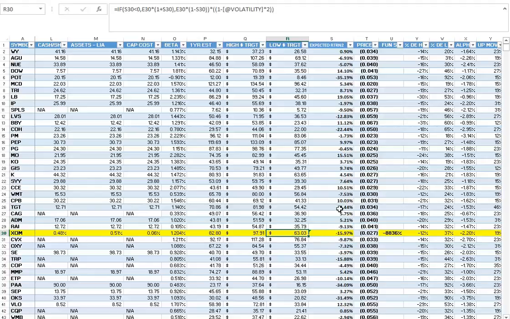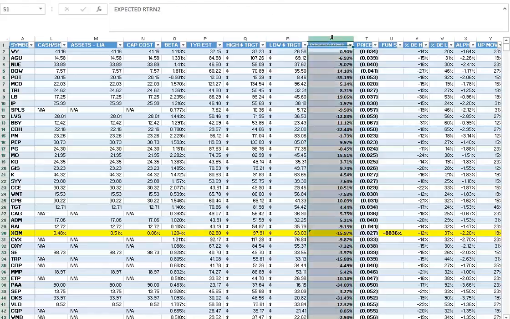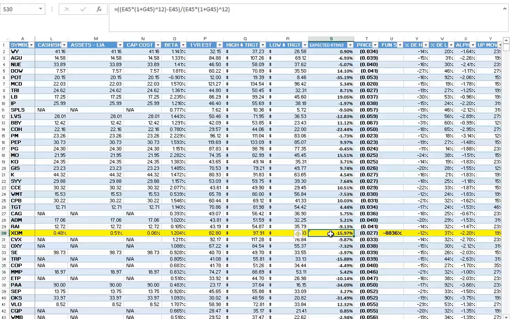All right, the next number we have here is the expected return percentage. This is directly related to our 1-year estimate of $82.80, which is a 15.97% decline. This number here is actually our score.